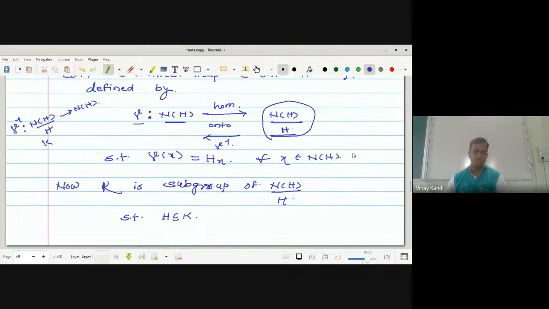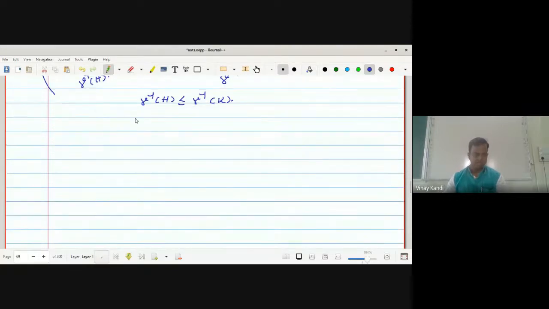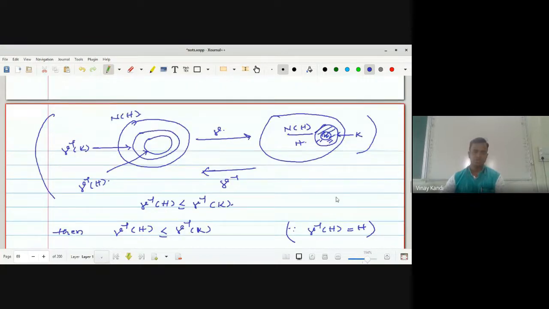Okay, now look at here. H is contained in K here. So then, okay, this is not part of the proof. I have written this only for your understanding. So here, H is contained in K. That means sigma inverse of H is a subgroup of sigma inverse of K. Since sigma inverse of H is equal to what? H. Okay, where does sigma inverse come in? Here.